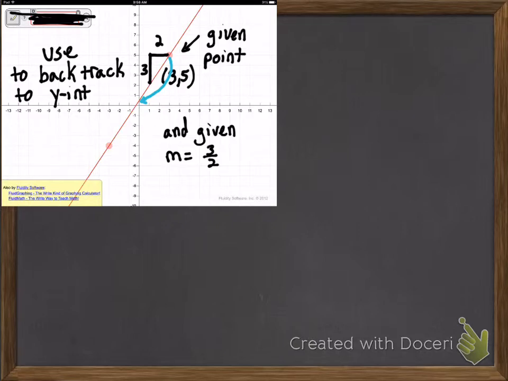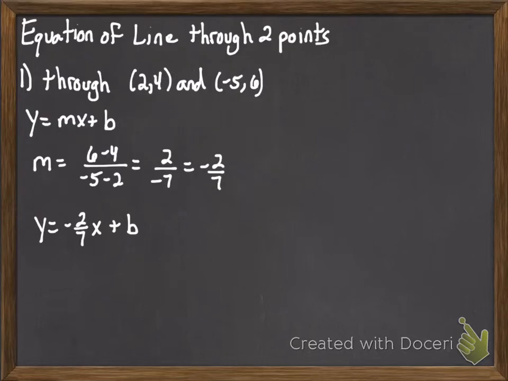If you're given some other point on the line, you can also backtrack from that point using the slope. So what we're saying here is that it doesn't matter which of the 2 points you use. I can pick either one of those points, (2, 4) or (-5, 6), and it'll work out.